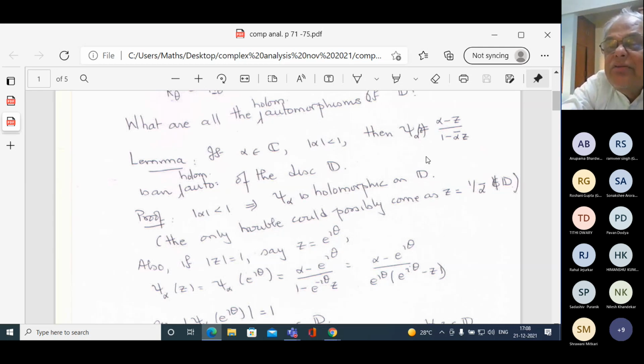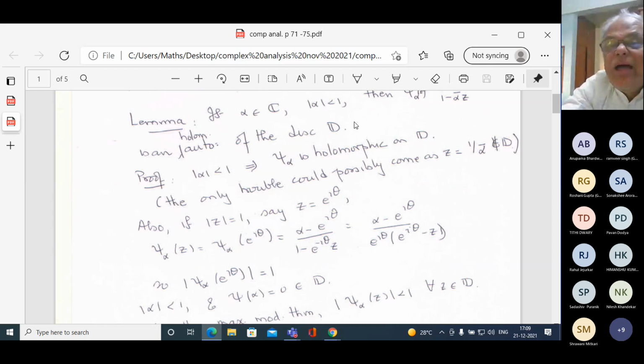That means z is equal to 1 over alpha bar, but since mod alpha is less than 1, 1 over mod alpha bar is greater than 1. So the only place where you have a difficulty is outside the disk, and therefore this is holomorphic on the disk.